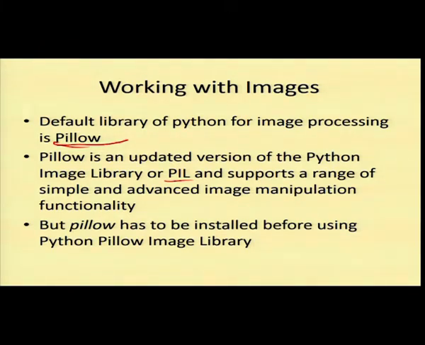Okay, sir, how do I install a particular module after installing my Python software? When you install Python software, you give a path and then install it. After installing, how do I go to the command prompt?